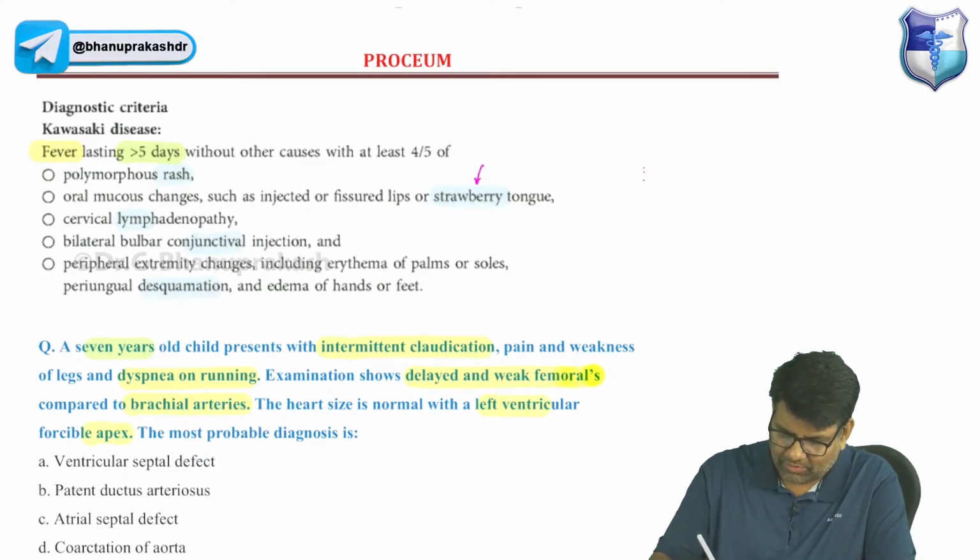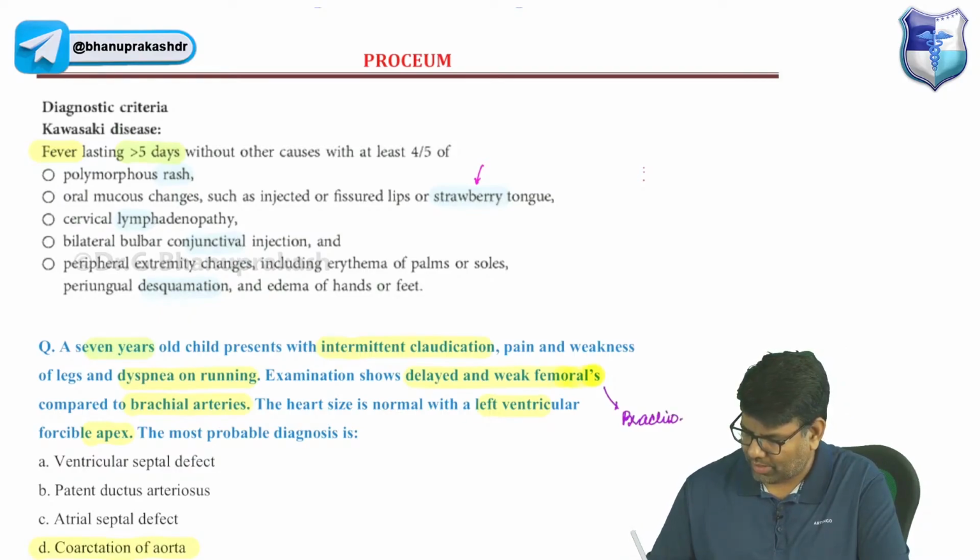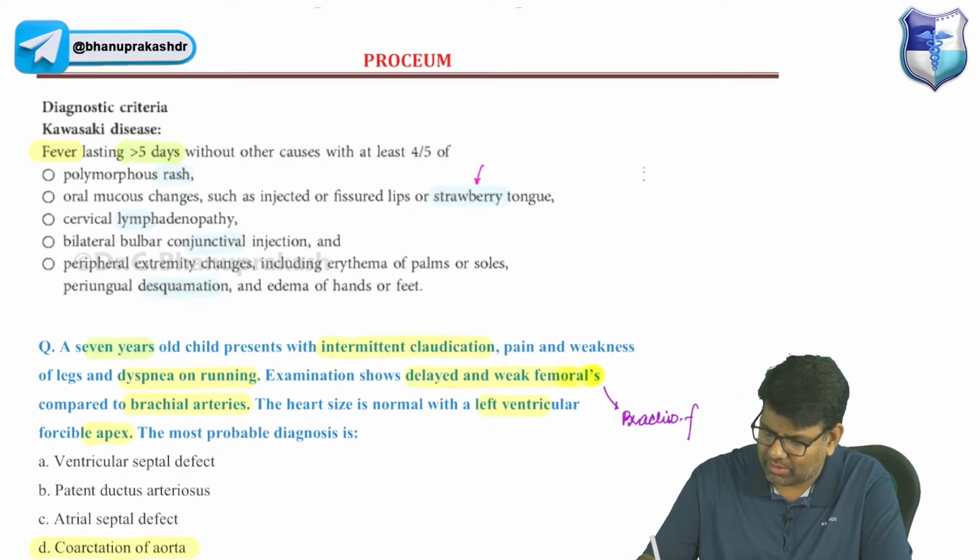Yes, we already discussed that classical case of coarctation of aorta. The classical picture you see here is radiofemoral or brachiofemoral.